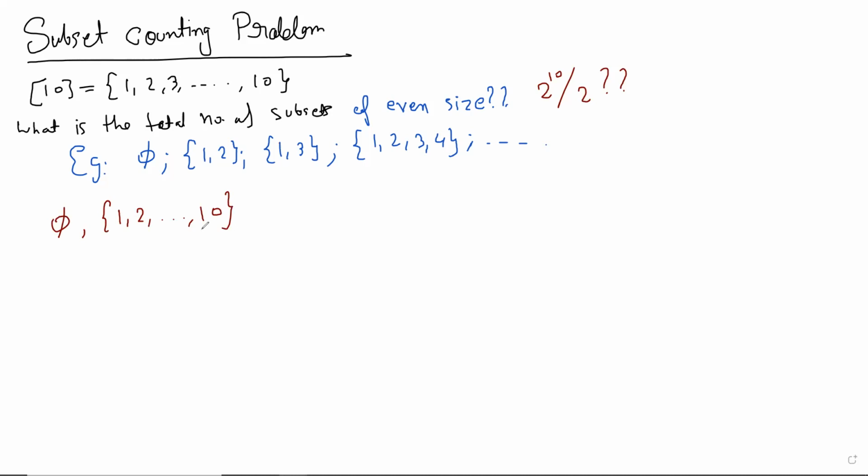Okay. So you're saying that there is some sort of symmetry. Symmetry between what? So there is a symmetry between sets of even size and odd size. Maybe that's what you have in mind. And when you say half of the total, that's what it means, right?